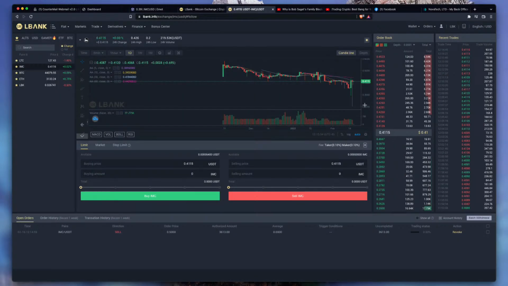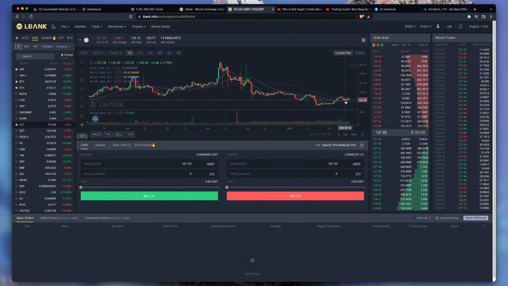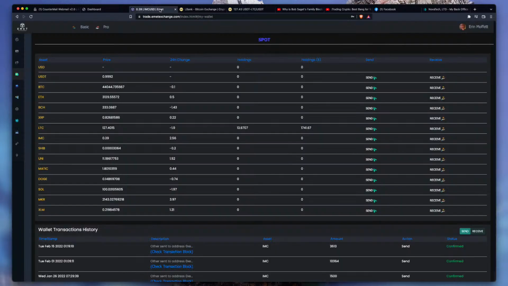And then I watch the price of Litecoin, and I bought when it was down. So let's look at Litecoin. I bought when it was down a little bit, down to 121 or something like that, and now it's going up. So I sent it back over to EMET, which cost me 0.0005 of a token or something. And now I'm sitting and waiting. I'm just watching the price. And the price here pretty much equals the same price over here.